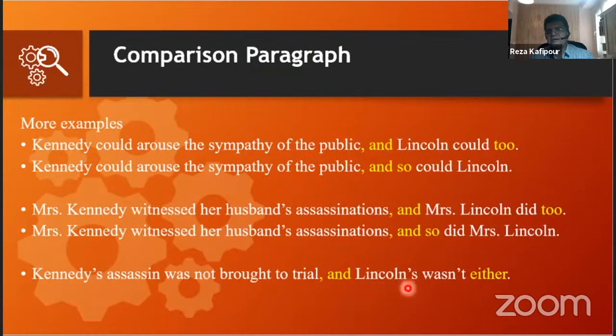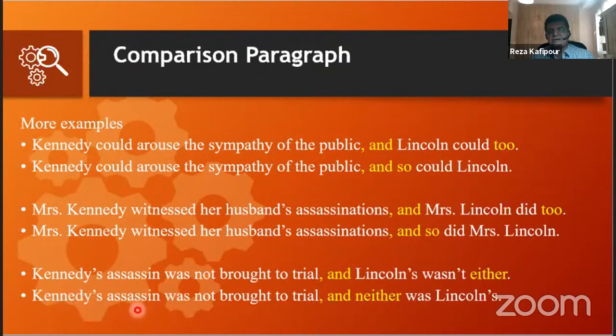So we say, and Lincoln, that refers to Lincoln's assassin. Again, "assassin" is omitted as a parallel word or parallel structure. And Lincoln wasn't either. So "and either" is similar to "and too" based on the structure, but the auxiliary verb should be in negative form, and "either" is used when we are using a negative statement, a negative sentence. So let's say the same sentence by using "and neither".